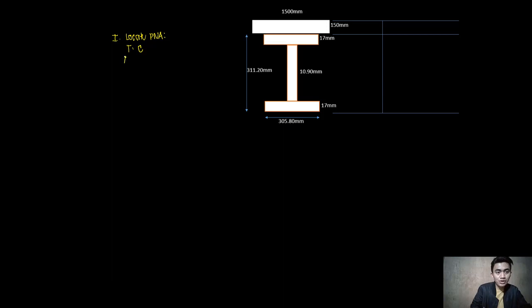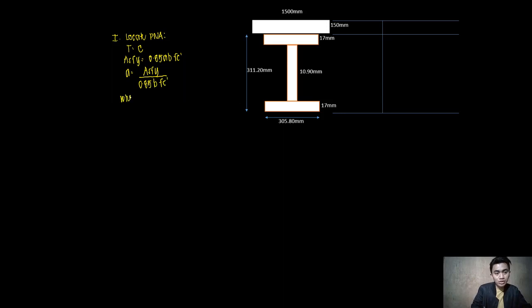So same as what we have done under case number 1, tensile force is equal to the compressive force, wherein tensile, that is AsFy, is equal to 0.85 a times b Fc prime, wherein a now is equal to AsFy all over 0.85 b Fc prime.